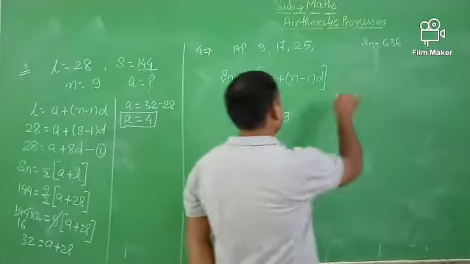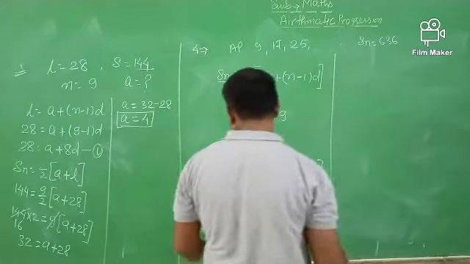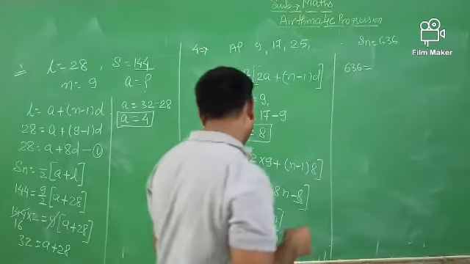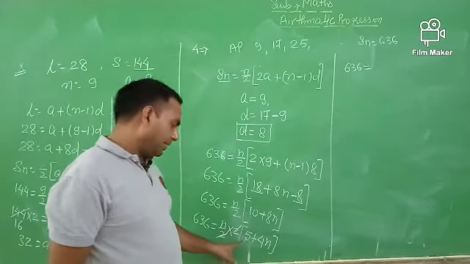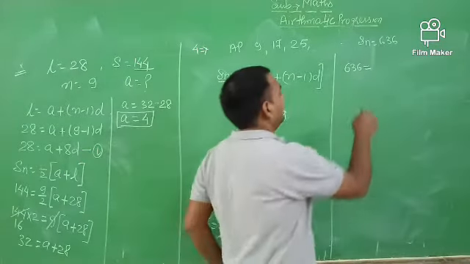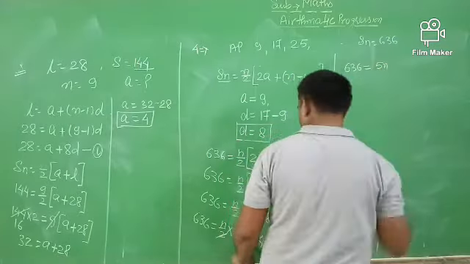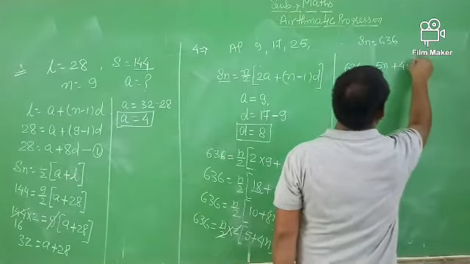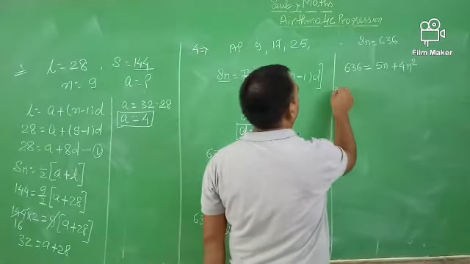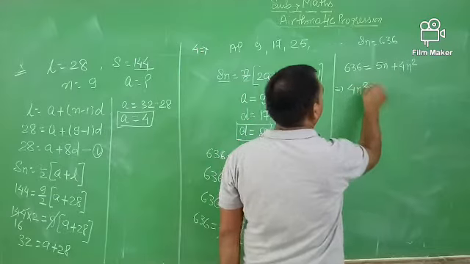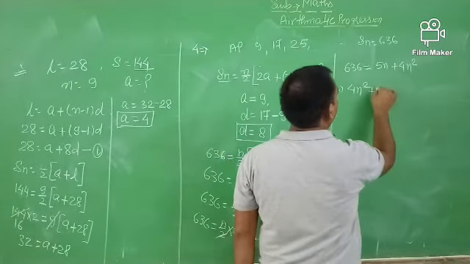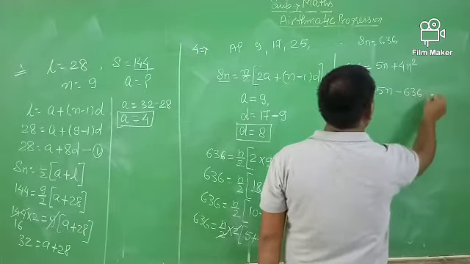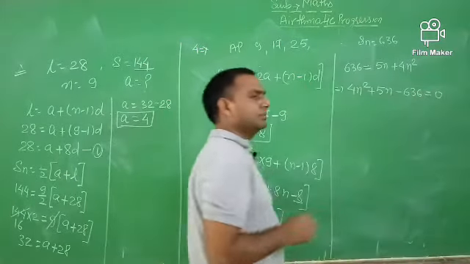Then after you open the bracket, n into 5 is 5n, and n into 4n is 4n square. So 4n square plus 5n minus 636 is equal to 0.